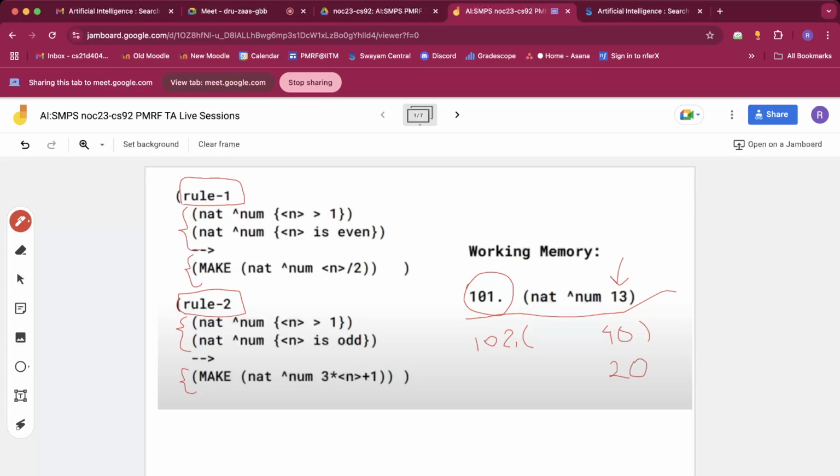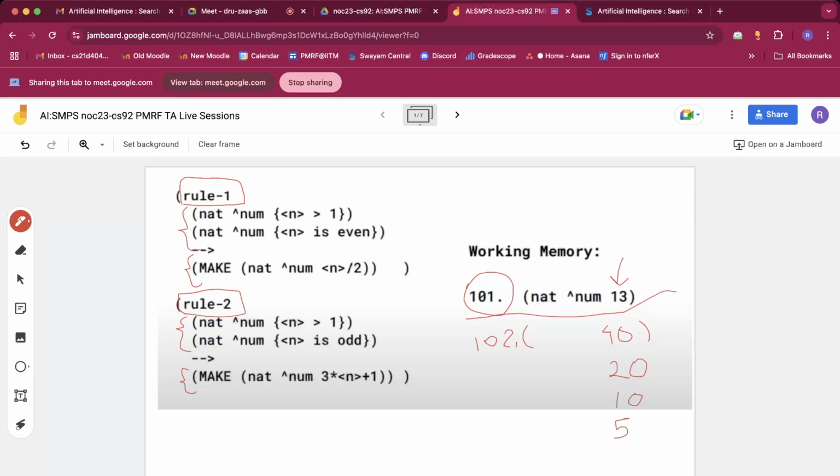We will repeat the same process until we reach a state where no rules can be fired. So after 20, 20 will be halved to 10, then we will have 5. Now 5 is odd again, right?